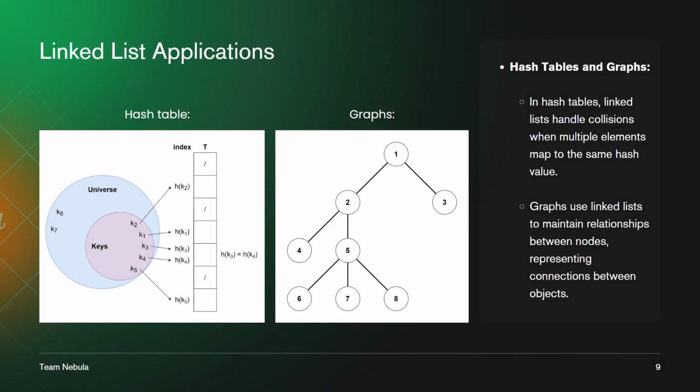Additionally, linked lists play a crucial role in hash tables and graphs. Hash tables use linked lists to handle collisions when multiple elements are mapped to the same hash value. Graphs, which represent connections between objects, often use linked lists to maintain relationships between nodes.